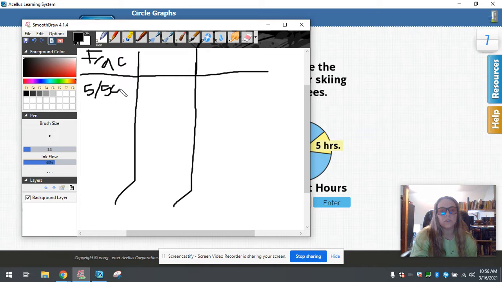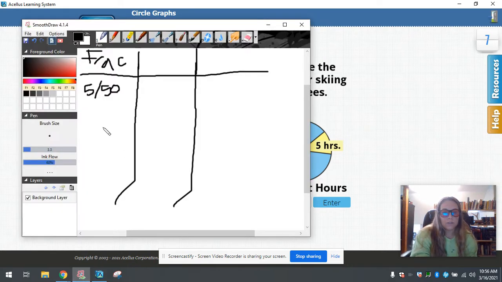And the way he had you doing it is he was having you multiply this 5 over 50 by 2 so that you get 10 out of 100, so that you know it's 10%. But what I'm going to do is I'm going to have you turn it into a decimal and then from a decimal multiply that by 360, the total number of degrees in the circle.